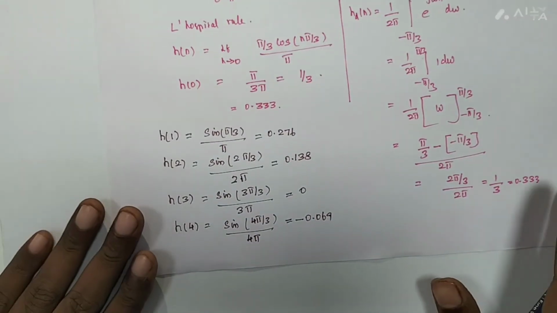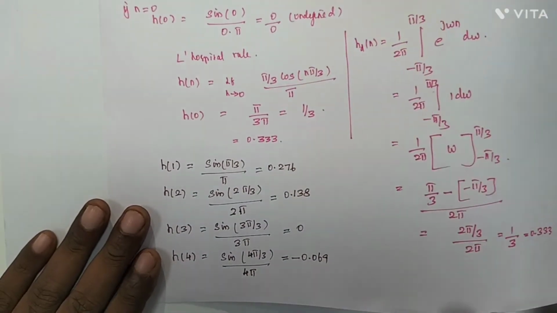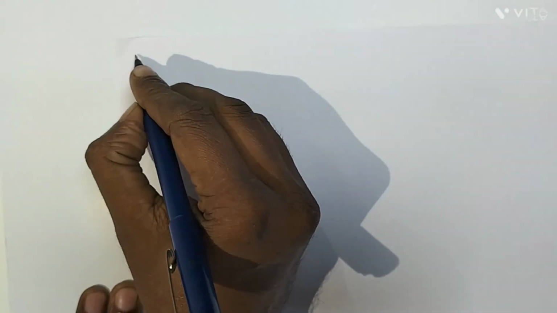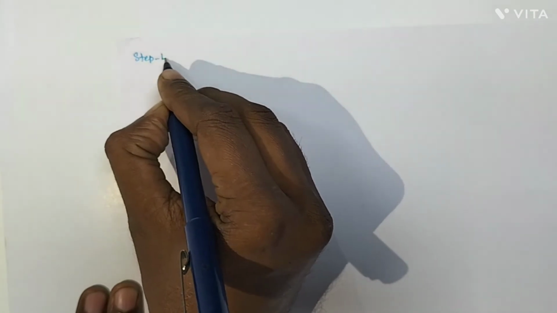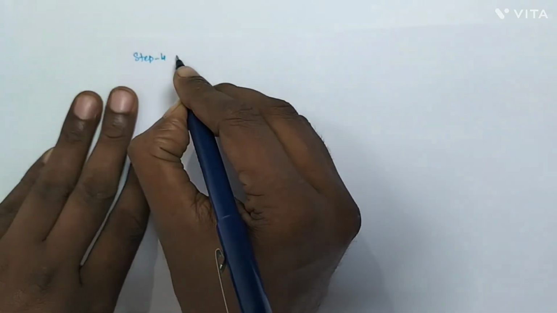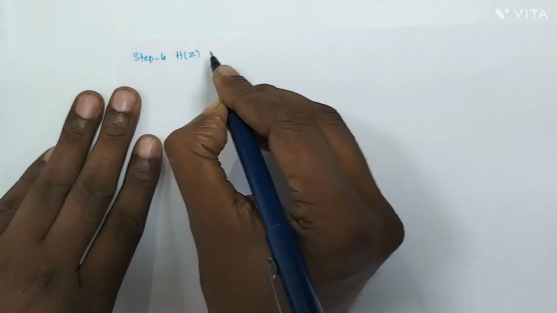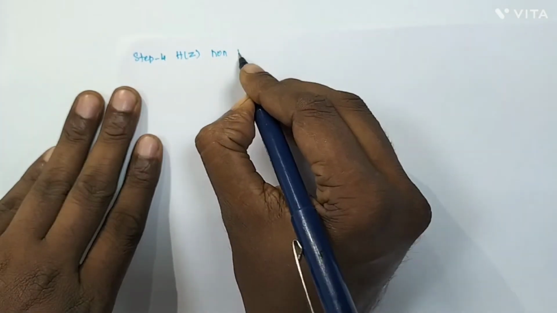So step 3 is over. Next, you have to find step 4. Step 4 is to find the transfer function h of z, which is in non-realizable form.